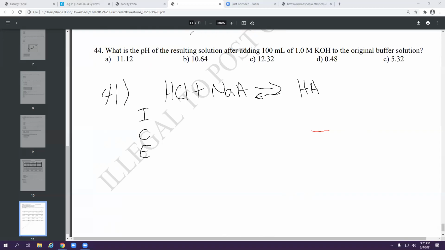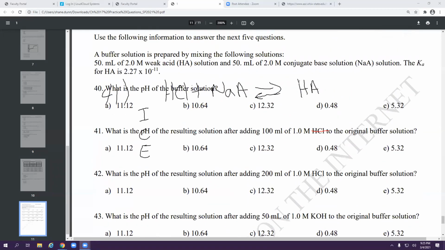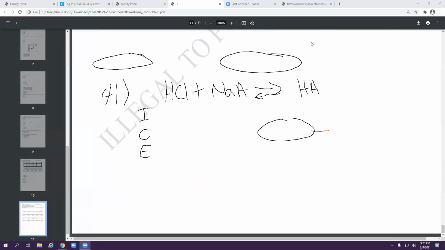Ice table. If you look at 41, is it the same concentration, the same volume as my conjugate base, conjugate acid? No, which means I have to make it to the similar unit, which is what? Moles.